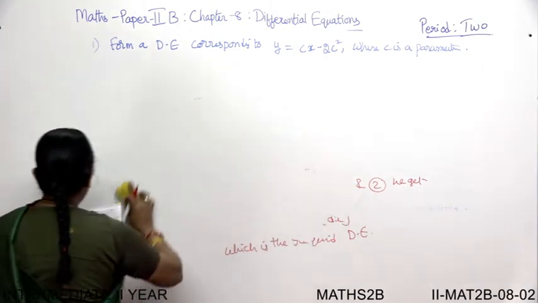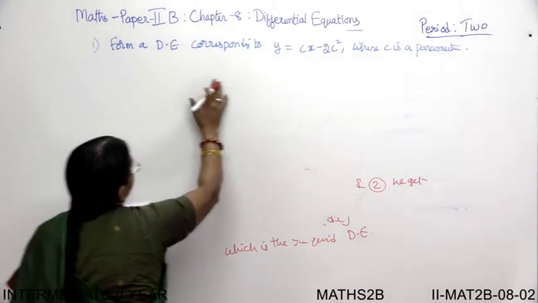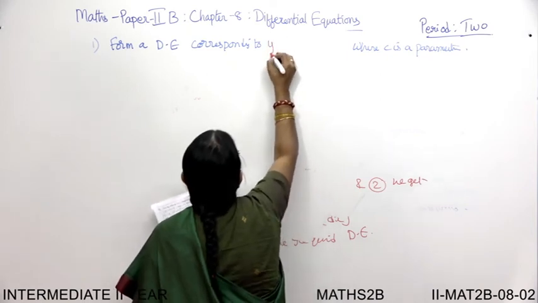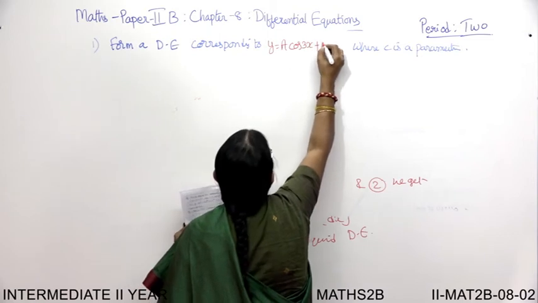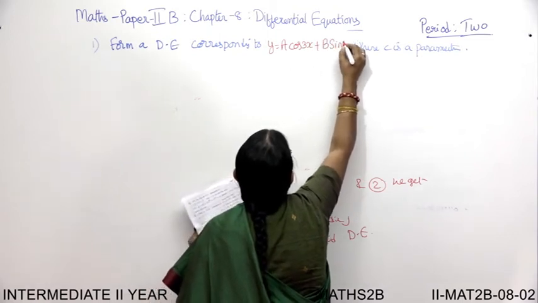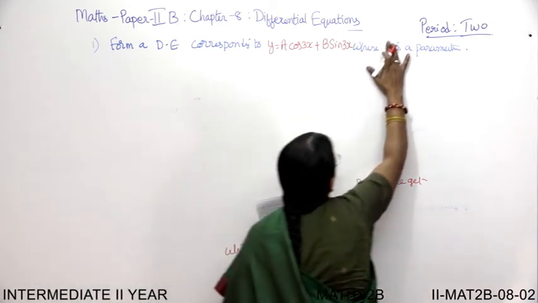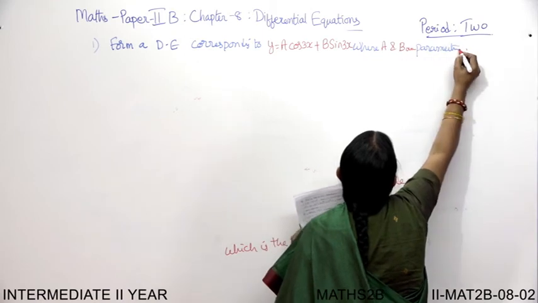Okay, now next problem. Form a differential equation corresponding to y is equal to a cos 3x plus b sin 3x, where a and b are parameters.